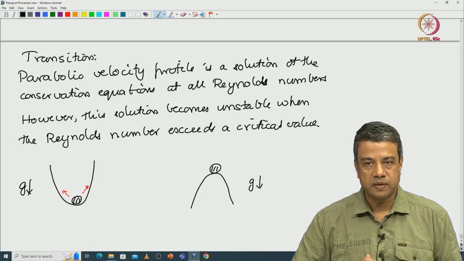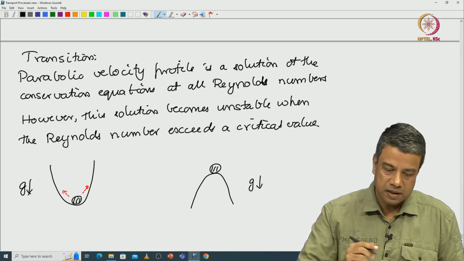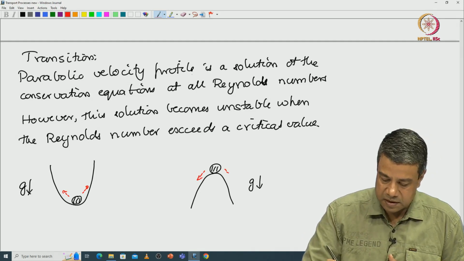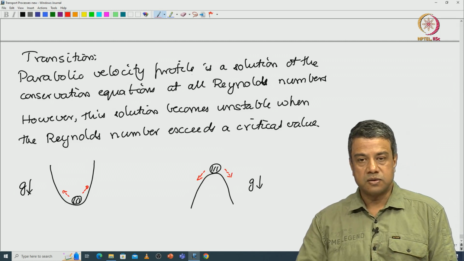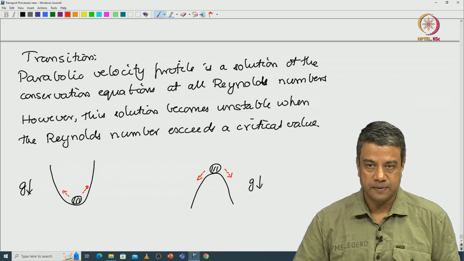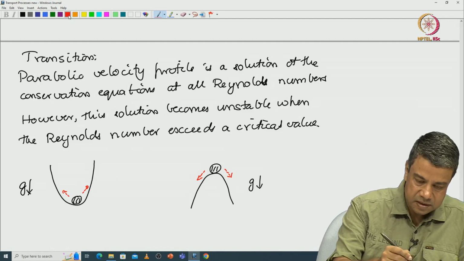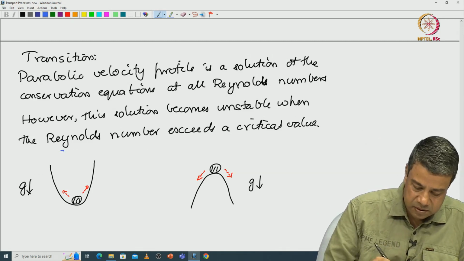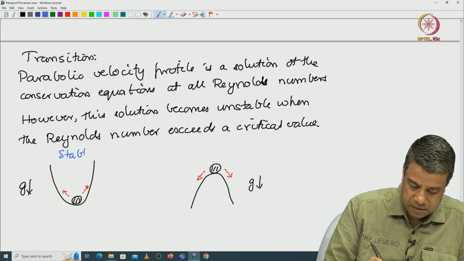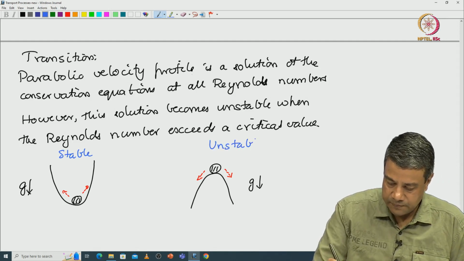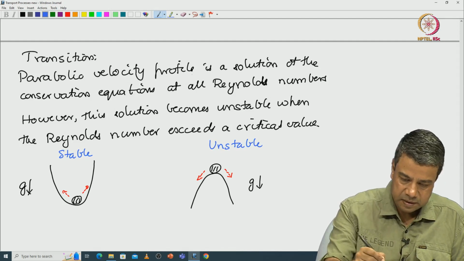However, that equilibrium is unstable. What that means is that if I disturb this object by a little bit on either side, this object goes to some other state. So, this is what is called stable, this is what is called unstable. Let me write.